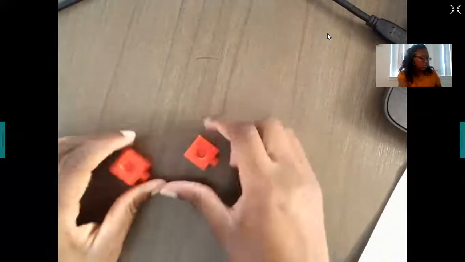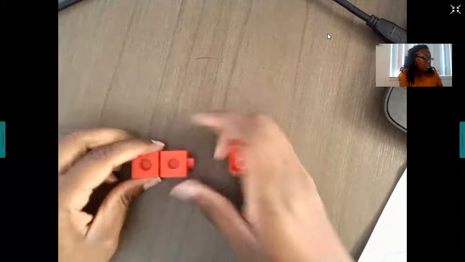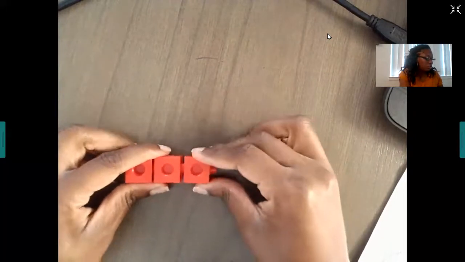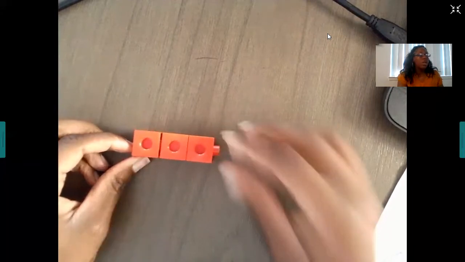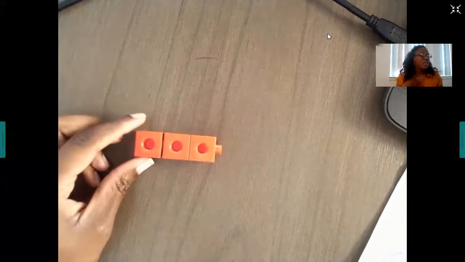I want to show you linking cubes for a whole of 10 to find our parts. So if I have 1, 2, 3 linking cubes, and I want a whole of 10, that means that I need to have 10 cubes in all.